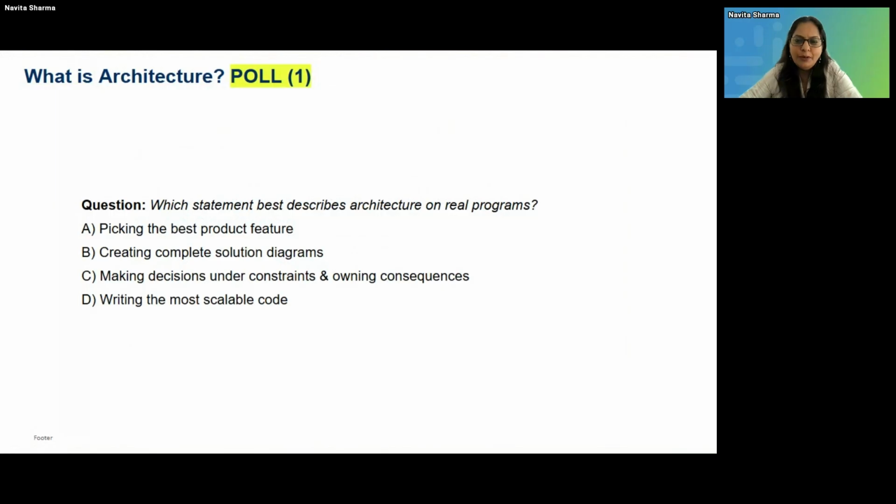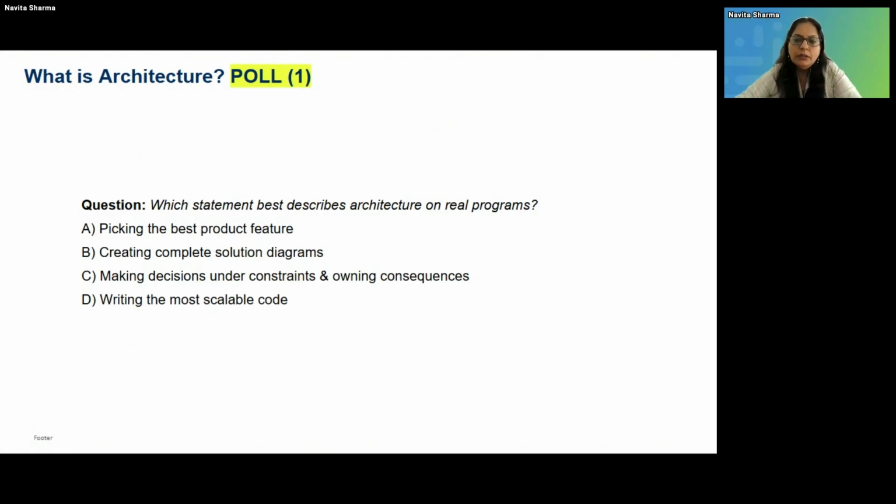with a quick poll. I know that we will ask this question to you, and you can respond over chat. So Virendra, maybe you can help with that. The question is, when we think in terms of architecture on real programs, what is your understanding of architecture? Is it about picking the best product feature?